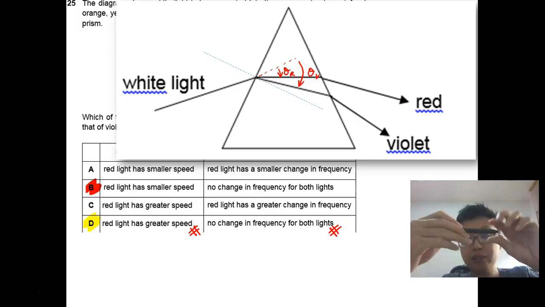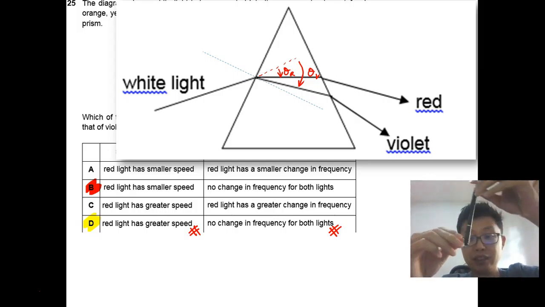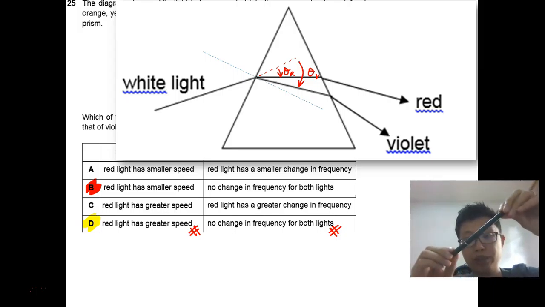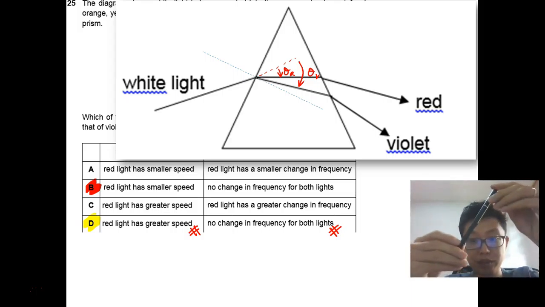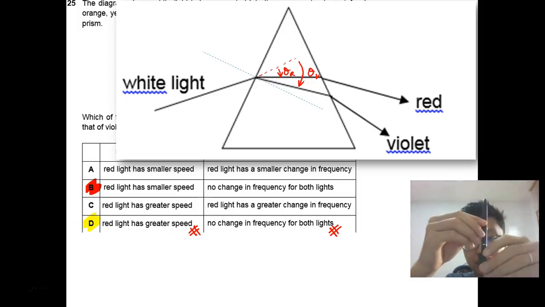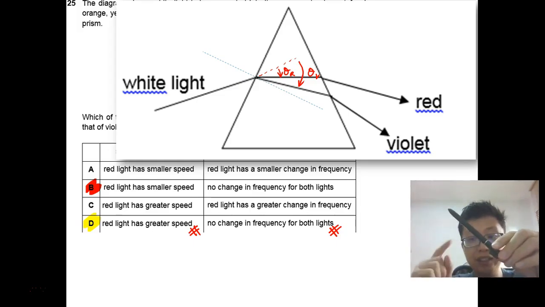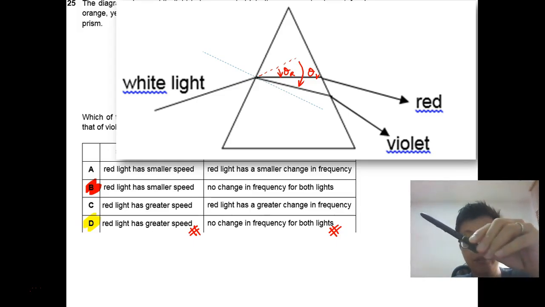Just imagine if this is the light beam going into the prism, this is the wavefront going into the prism.